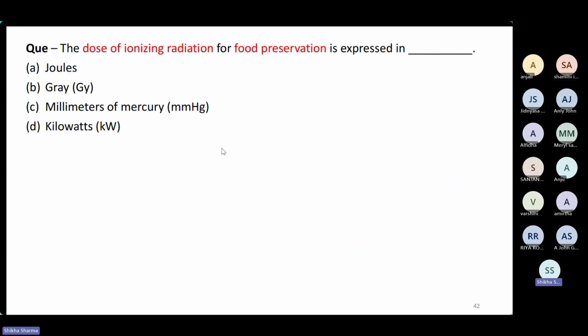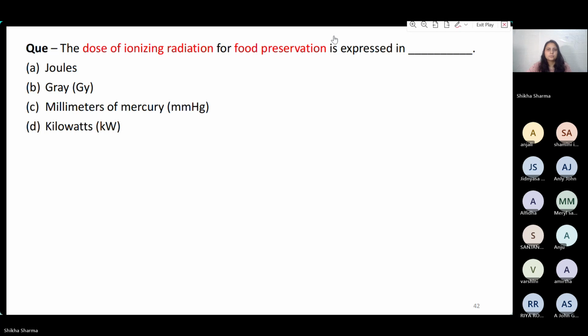So the next question is: the dose of ionizing radiation for food preservation is expressed in what? What is the unit in which we express the doses of ionizing radiation? Anju is saying D, gray.